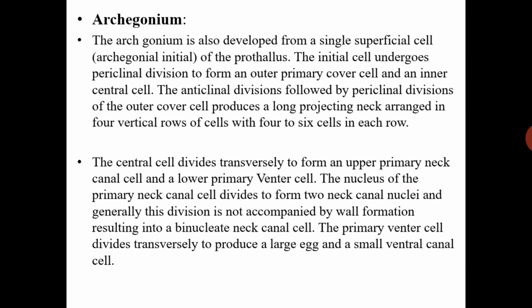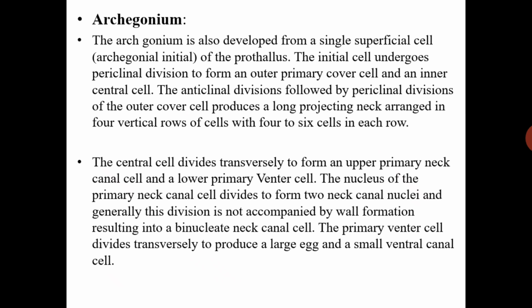The anticlinal divisions followed by periclinal divisions of the outer cover cells produce a long projecting neck arranged in four vertical rows of cells with 4 to 6 cells in each row.